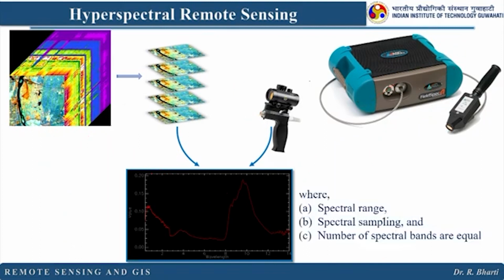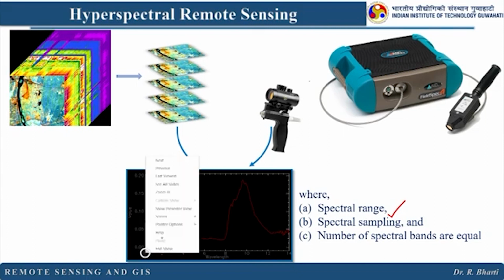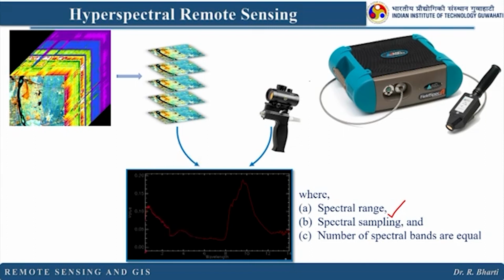In this process, you have to take care of the spectral range, whether it is from 0.4 to 14 micrometer or it is from 0.4 to 2.5 micrometer. So, you need to make sure the same range should be there for both space based measurement and your field instrument.